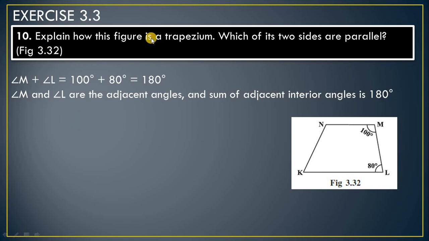Here 80 was already there and 100 was there, so it should be 180. So KL is parallel to NM, and this is the trapezium. Two properties are there: first, the sides are parallel, and second, their sum should be 180.